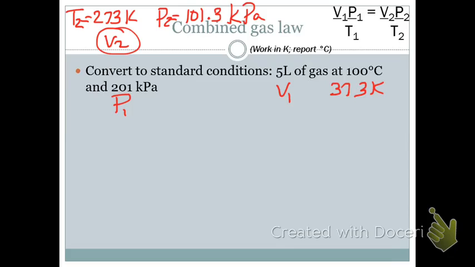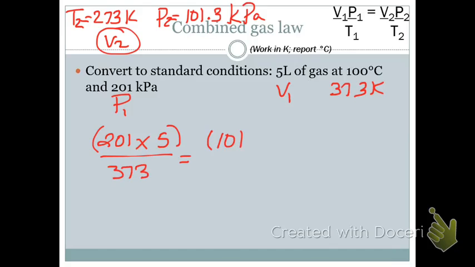So P1 is 201 times V1, which is 5, all over T1, which is 373, is equal to P2, which is 101.3, times V2, which I don't know, all over T2, which is 273 K. I am going to cross multiply this, as usual, to make it linear.